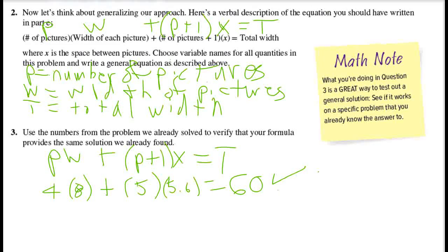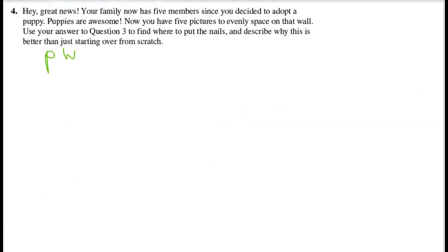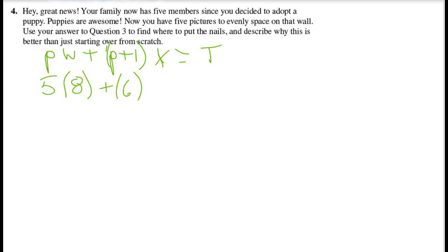So now we have our equation, PW plus P plus 1 X equals T. So now P was the number of pictures. We now have 5. W is the width. There's still 8 inches. And we don't know the X, but our wall is still 60 inches.